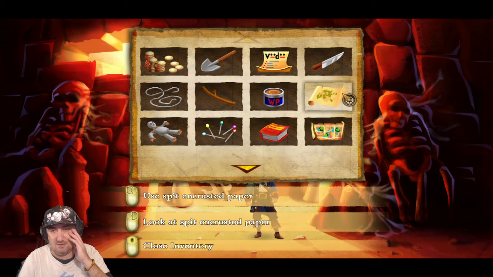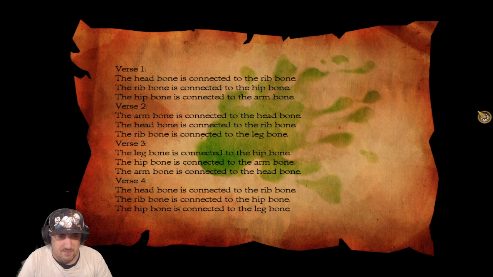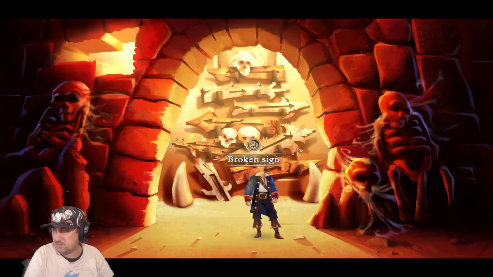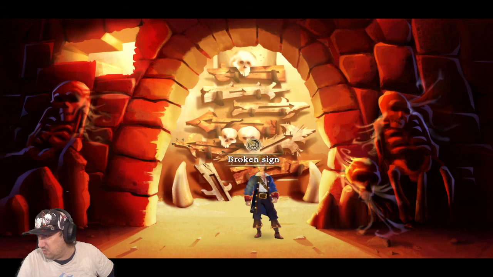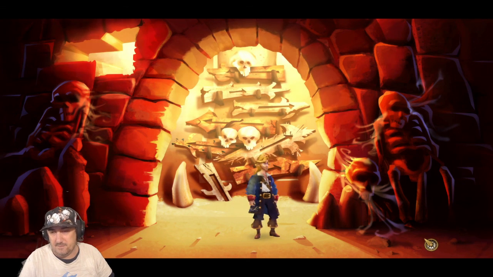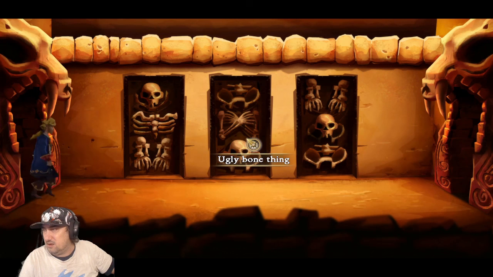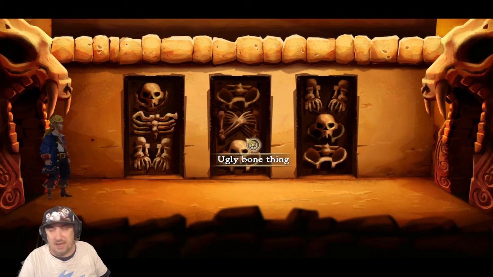Alright, gotta figure this out. Leg to hip. Leg to hip, hip to arm. Arm to head. First one you go through is the one with the pelvis on bottom. The hip. Yeah, the hip pelvis, yeah.